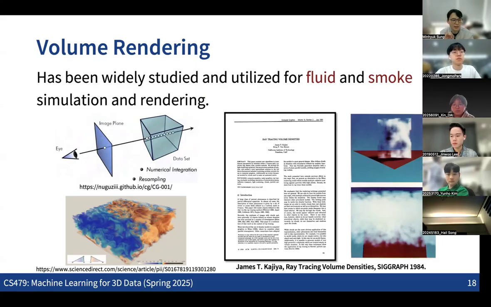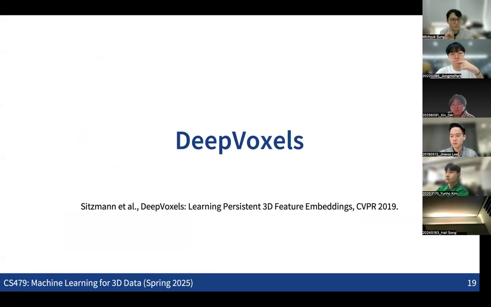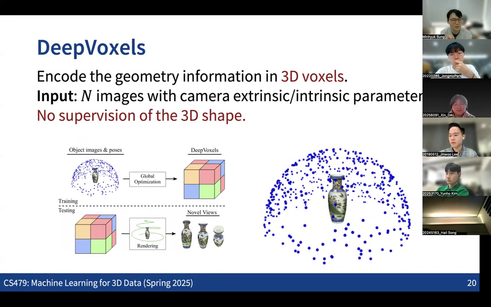So for that, let me briefly get into some very basic ideas. There are actually tons of ideas about how we can do neural rendering. But let me first briefly introduce this earlier work, which is called DeepVoxels, and see what the limitation of this work is. Here the basic idea is that we are doing 3D reconstruction while representing 3D with voxels.